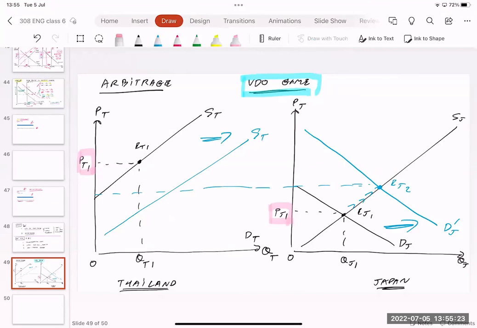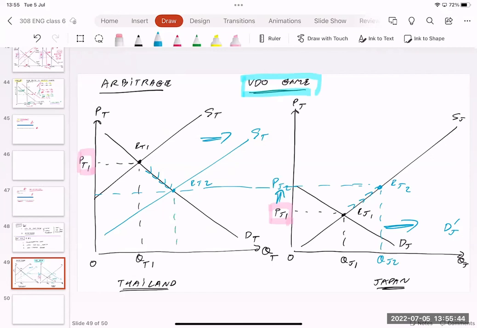The equilibrium point in Thailand moves down to the right, ET1 to ET2. You can see that as people buy more video games in Japan, the price of video games in Japan becomes more expensive. And when they sell video games in Thailand, the price of video games in Thailand becomes cheaper, PT2.